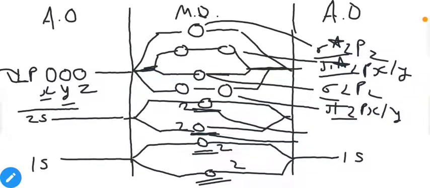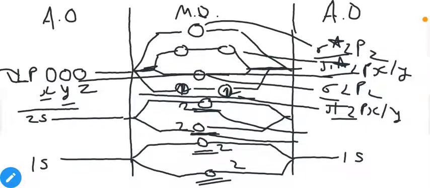So the remaining number of electrons will be 4. These orbitals are at the same energy level, so both of them will get 1 electron, and if you have extra electrons, then we have to pair them up. So pairing will be done here.